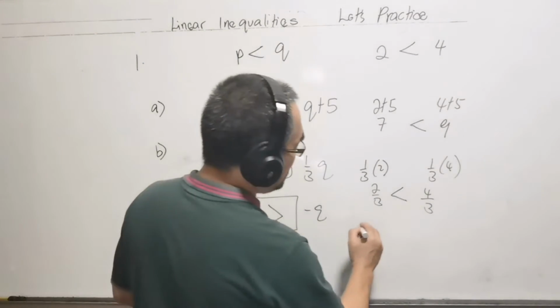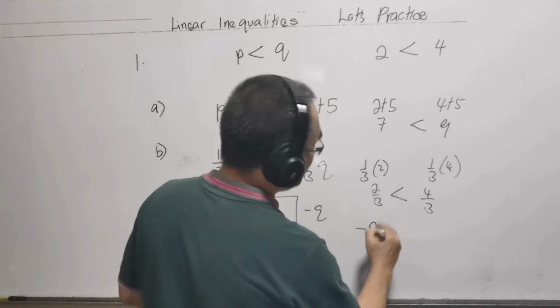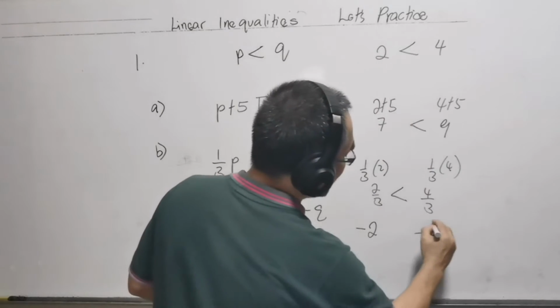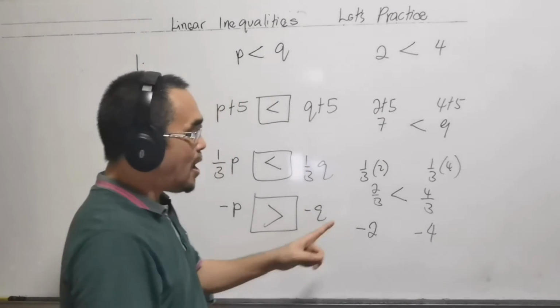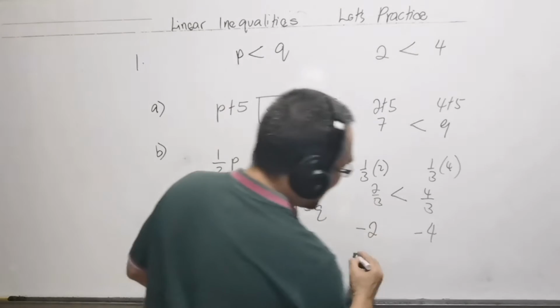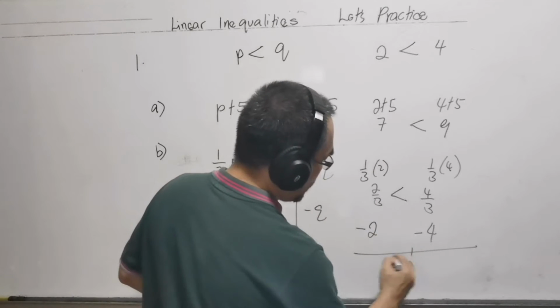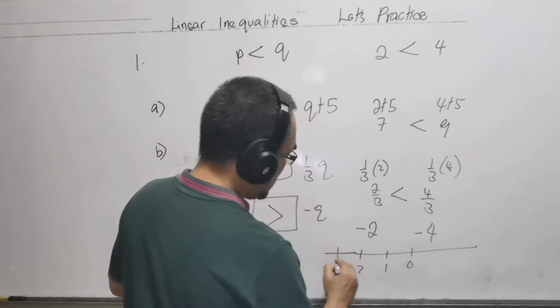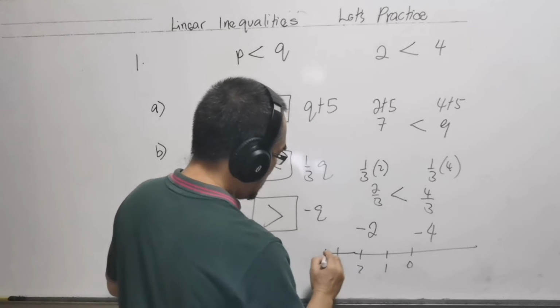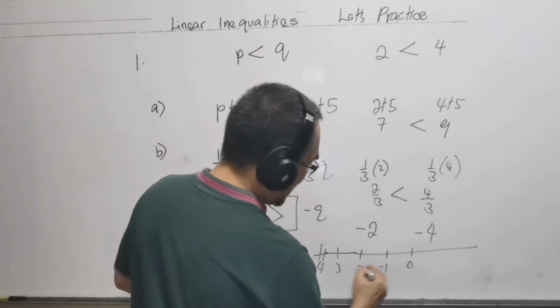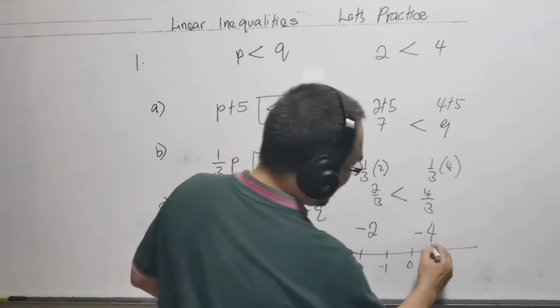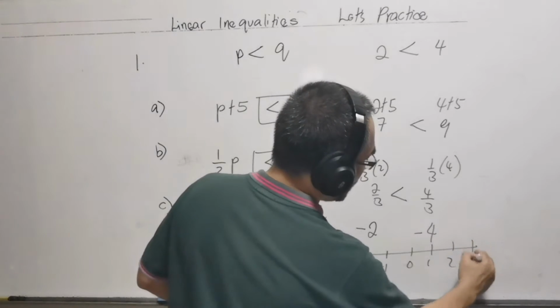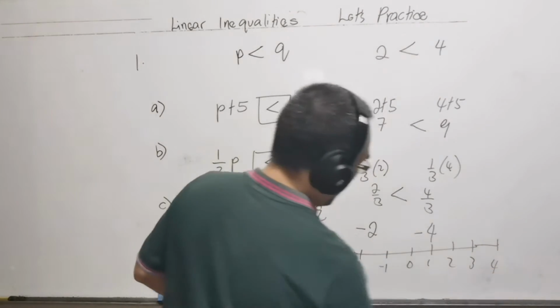Because if we multiply by a negative, now if we draw a number line, 0, 1, 2, 3, 4, negative. Originally it was here, 1, 2, 3 and 4.